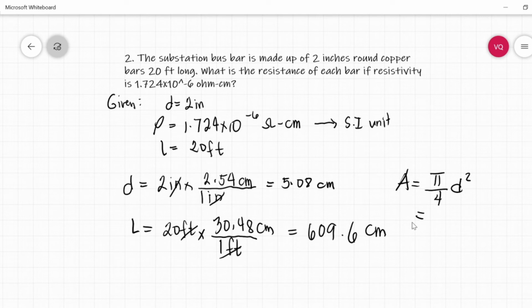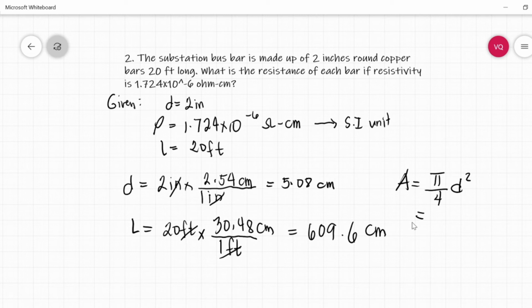Now the area of the conductor is pi over 4 d squared. So that is 20.268 square centimeter. The length is 20 feet times 30.48 centimeter divided by 1 foot. That is 609.6 centimeters.